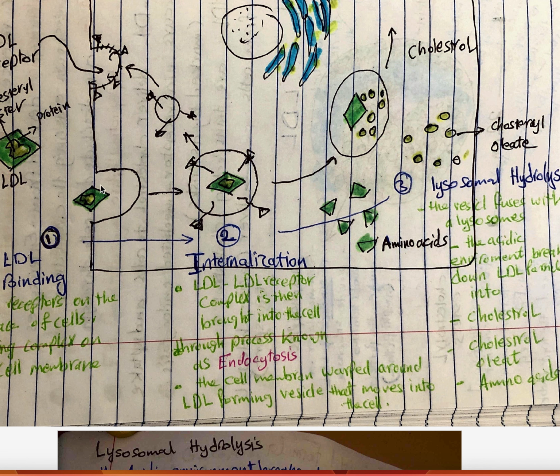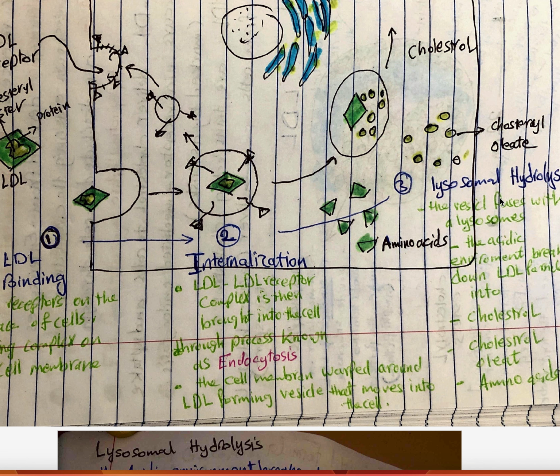So as you can see here, these lipoprotein receptors with the membrane make a complex. Then the membrane will surround the lipoprotein and form this complex. Okay, this receptor that is present in the membrane, and then this complex, will appear like a vesicle by endocytosis.